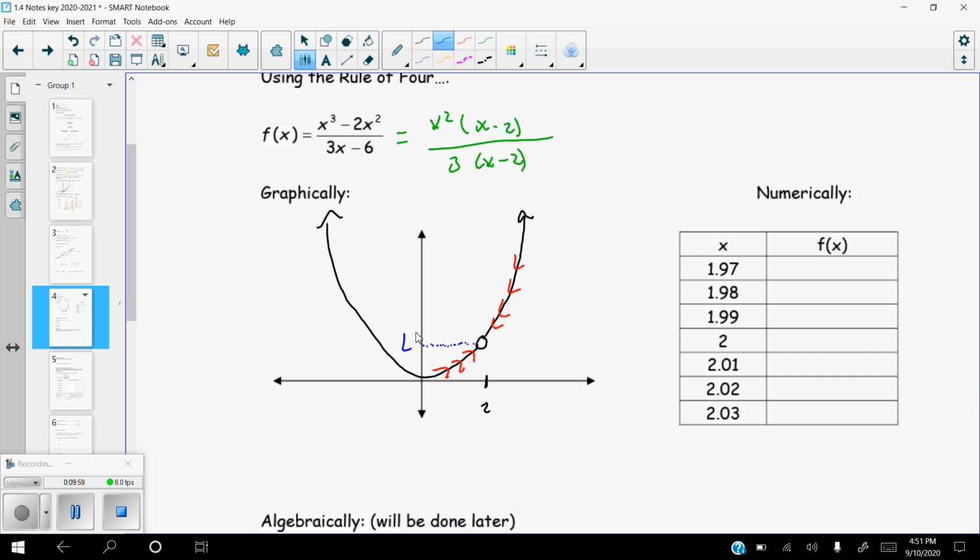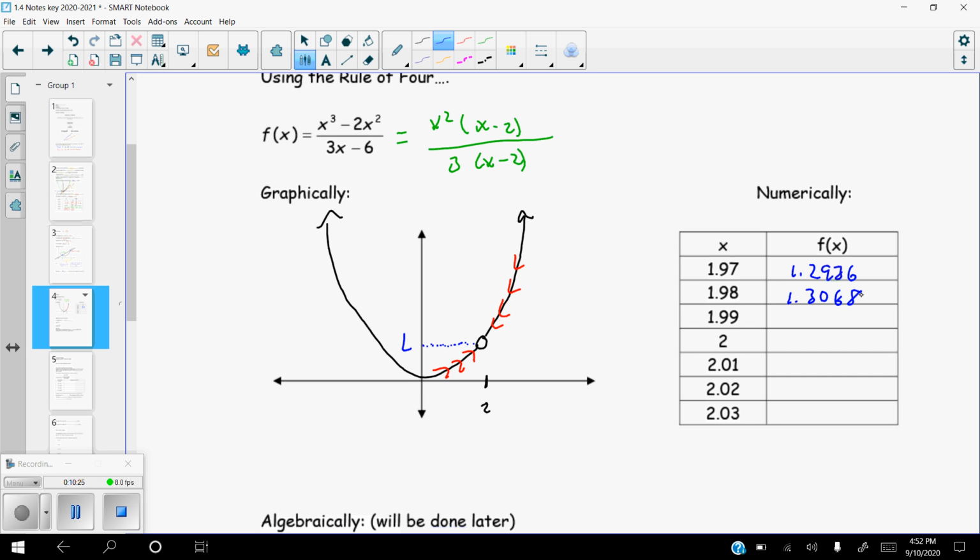If we plug in 1.97, you would get 1.2936, and it may go on even further. I don't remember, I just stopped after 4 decimals. If I plug in 1.98, you might say, why am I plugging in 1.98? Well, that's getting closer and closer to 2. So if I plug in 1.98, I get 1.3068.